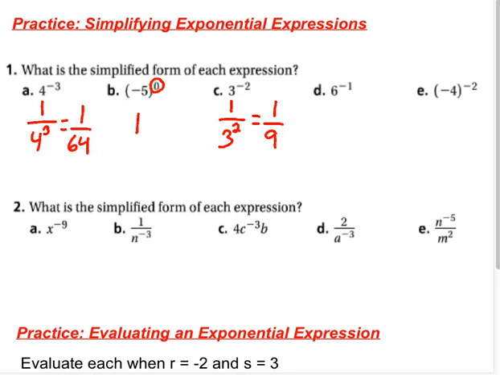In D, once again, I see a negative exponent, so it needs to move, clear out its negative attitude. Well, 6 to the first is just 6. So I would write this a little bit cleaner and just call it 1/6. Letter E, again, first thing I notice, negative exponent, so I need to move this down.